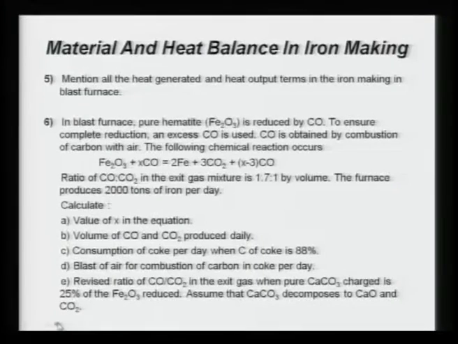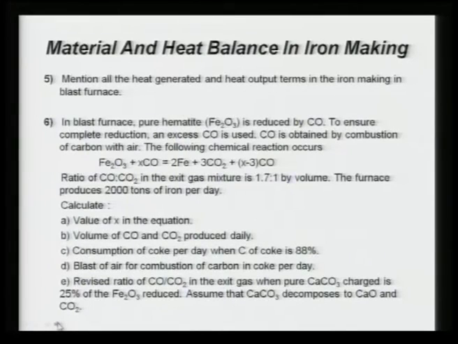So, what I have illustrated here are the various items which are responsible for heat input and heat output in blast furnace iron making. So, with this, now problem 5th, which says mention all the heat generated and heat output terms in iron making in blast furnace. Most of the things I have illustrated.